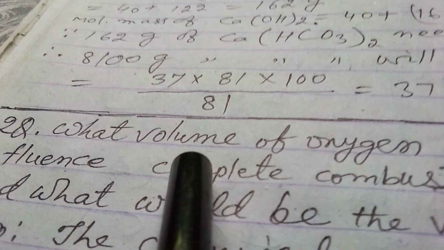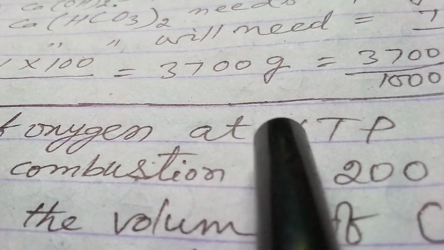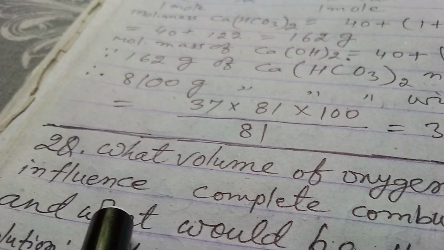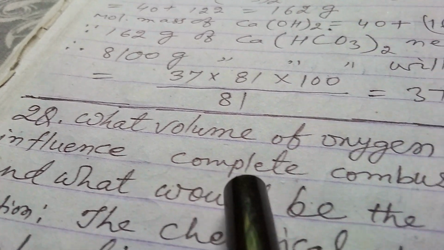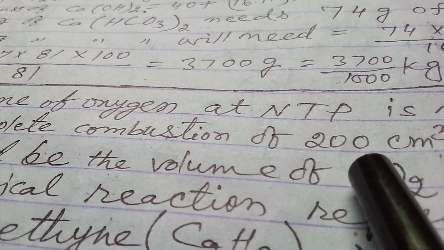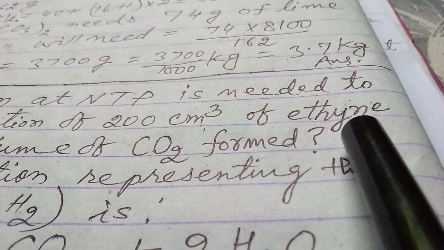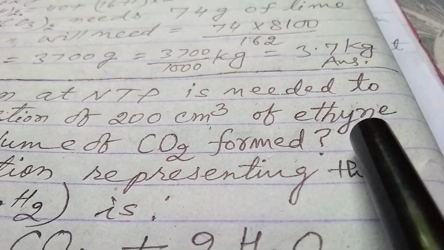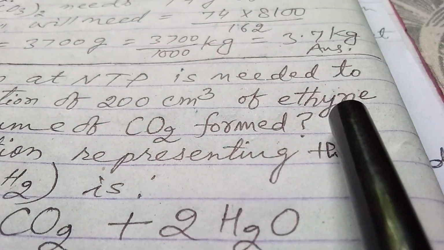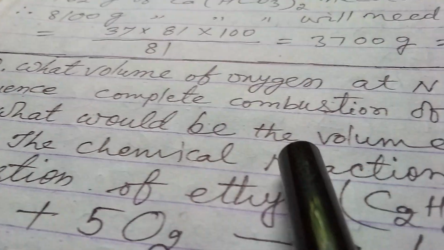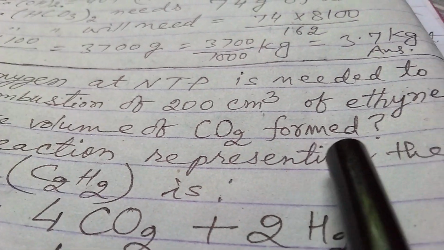what volume of oxygen at NTP is needed to influence complete combustion of 200 cm cubed of ethyne, which is called acetylene also, and what would be the volume of CO2 formed?